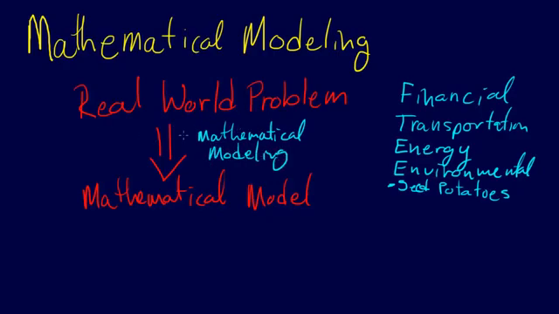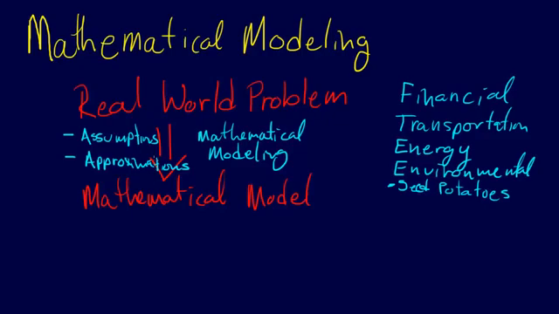When we do mathematical modeling, we have to make certain assumptions and approximations. So mathematical modeling is just moving from the real world problem to a mathematical model by making certain assumptions and approximations, but still grasping the essence of the real world problem.